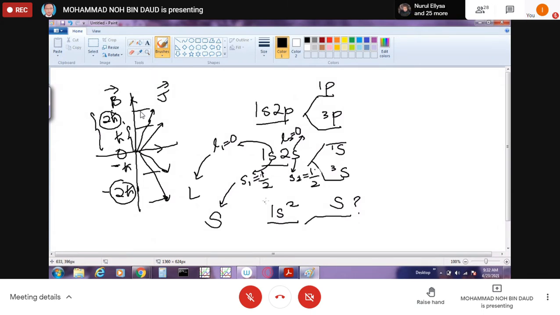You can see what the difference is. This still has 2 electrons occupying 2s orbitals, and this as well has 2 electrons occupying the 1s orbital. Here the principal quantum number is 1, and this is 2.